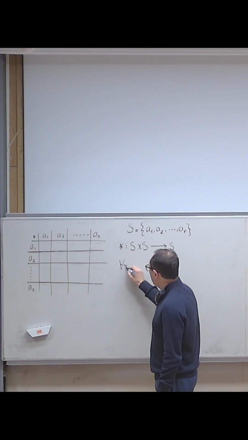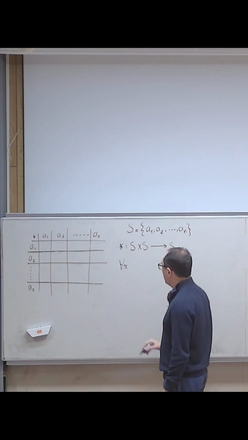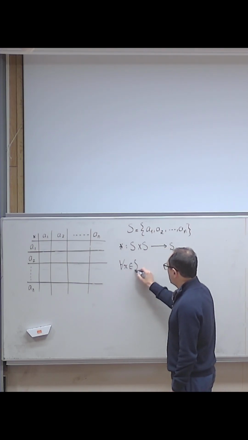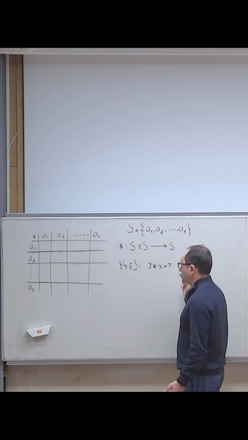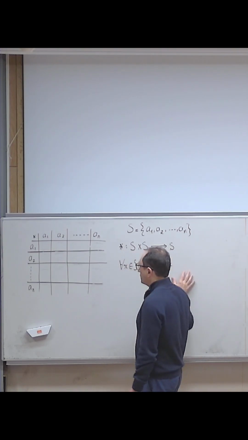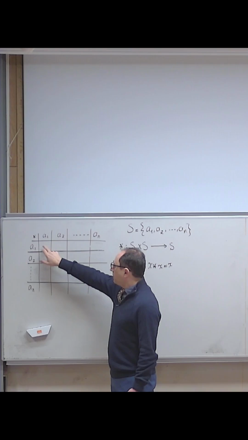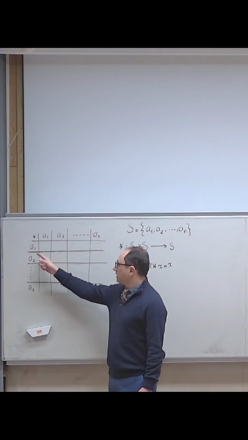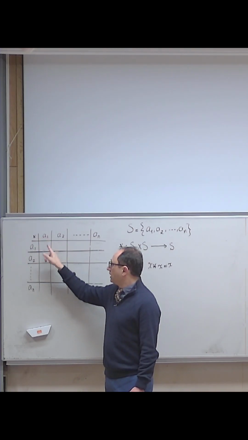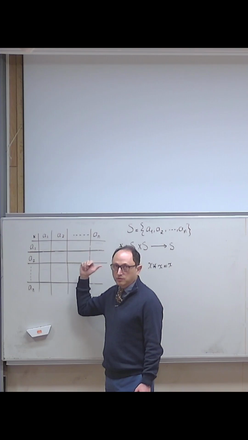So I have one constraint, and the constraint is that for all x in S, x star x should be x itself. So for example, before having this constraint, I have n options to fill up this first square. But now, because of this constraint, a1 star a1 has to be a1 if I want to respect the condition.